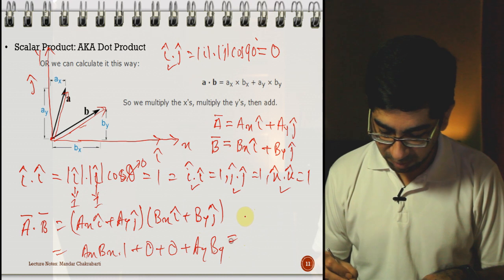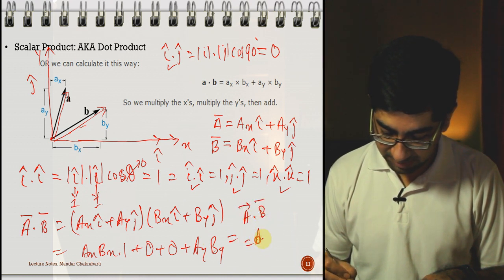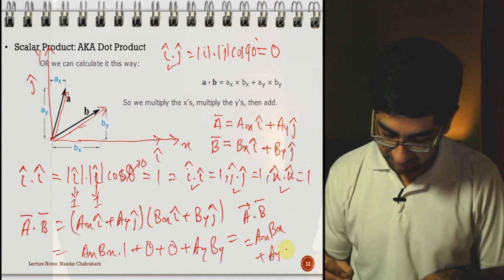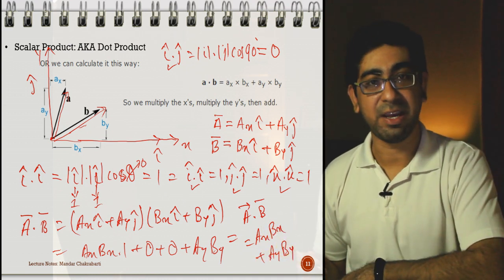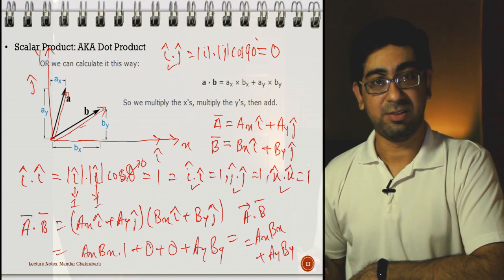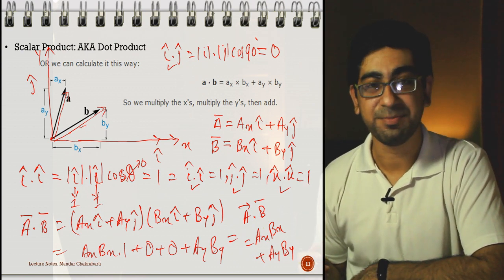So A dot B is ax bx plus ay by, which is the ultimate answer.